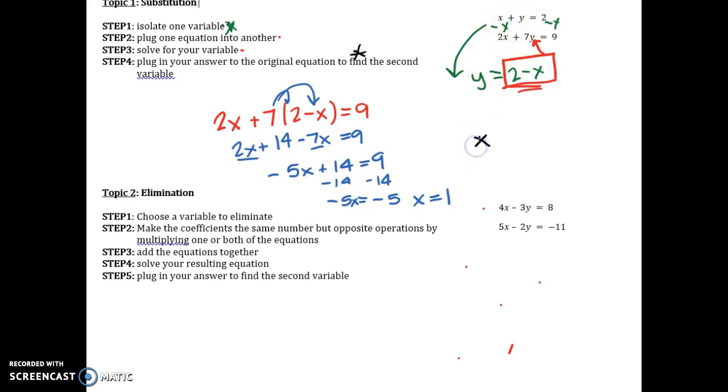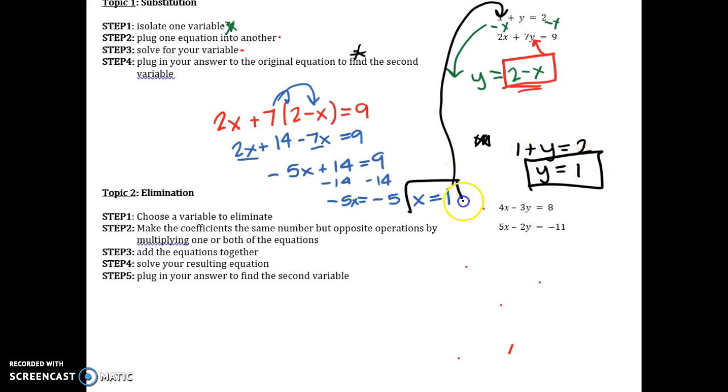So instead of x, I write 1. So this 1 is going all the way up there. And so that means that y is also 1. And then depending on your situation, a lot of times you will write your answer as a point. And so it's the point (1, 1).